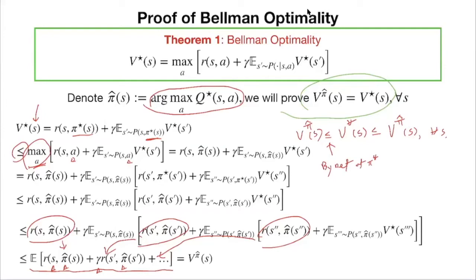Yeah, but you'll have a sup over all possible actions. Oh, yeah. Okay, fair enough. Let's assume the action space is compact, so you can always achieve the supremum. Does that answer your question? Yeah. Okay. Cool.